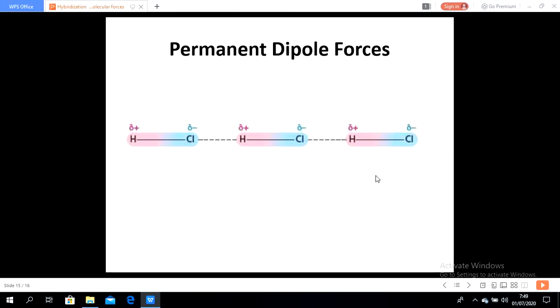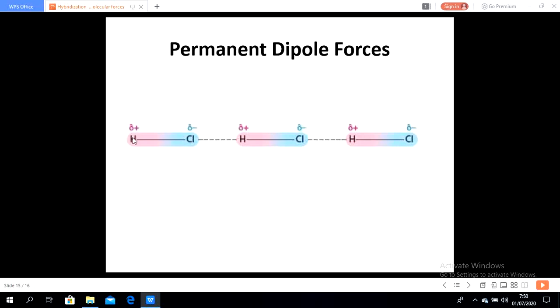And then permanent dipole forces. We already know about dipoles. Yesterday I told you about dipoles. A dipole is the end of a molecule: there is one end and the other end. Now for permanent dipoles, we know that an element can be classified as electronegative or electropositive. This one in HCl is electropositive. Why? Because it has a tendency to lose electrons. The Cl has a tendency to gain electrons. That's why it is the negative dipole.